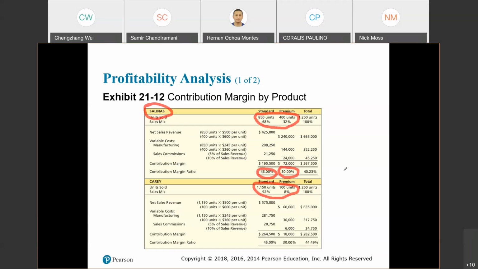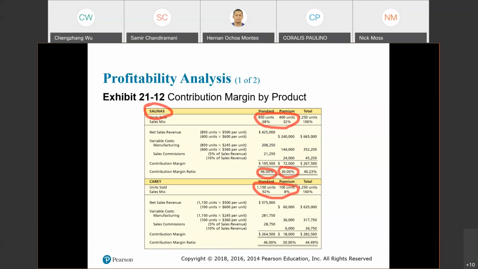So because of the difference in contribution margin ratio, this different sales mix has an effect. The more you sell of the standard model, the higher the combined contribution margin ratio that you will have.